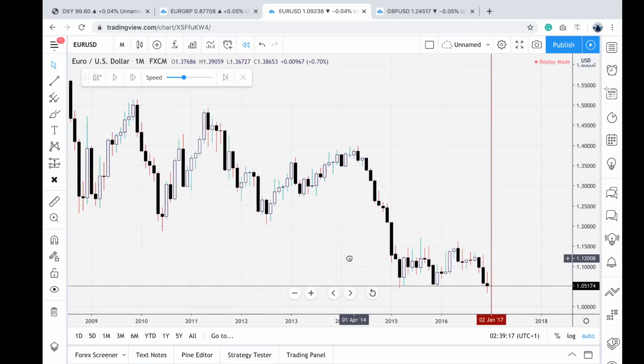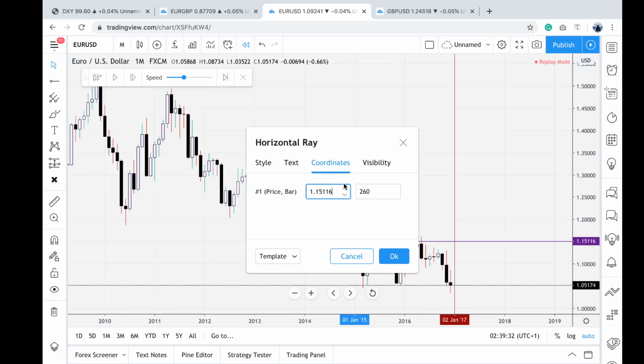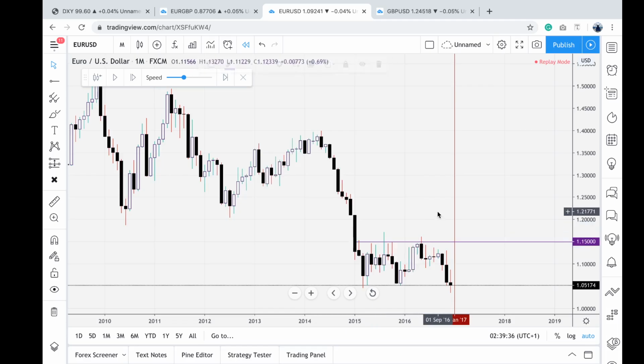But on the monthly basis, we could see that there's a level of resistance there. So you could pull up a horizontal ray, drop that line there, and round it up like I always do to a round figure like 1.5. That is a very good figure. And you could also pull up this low.